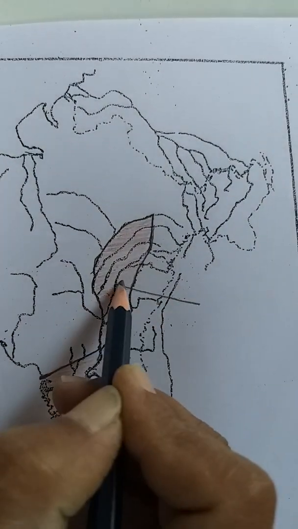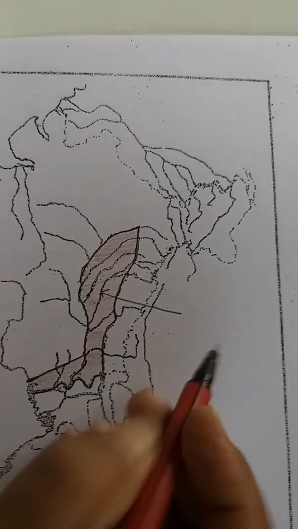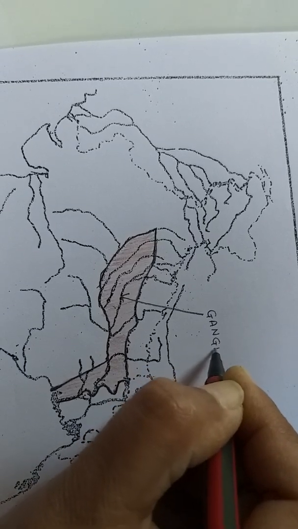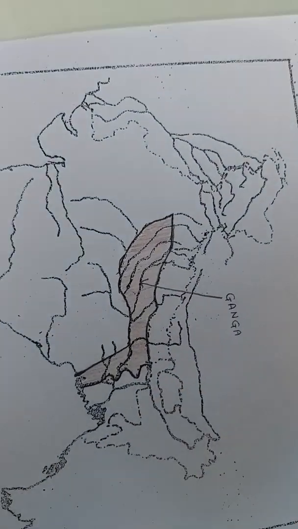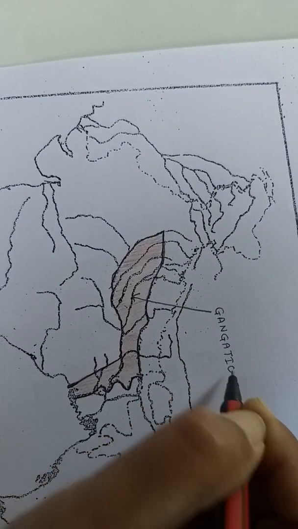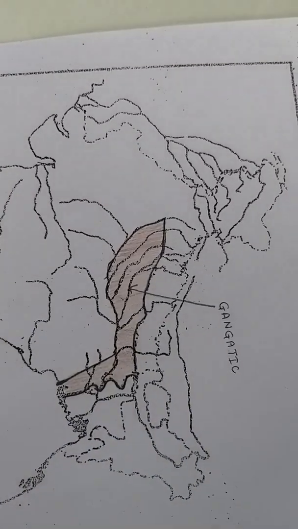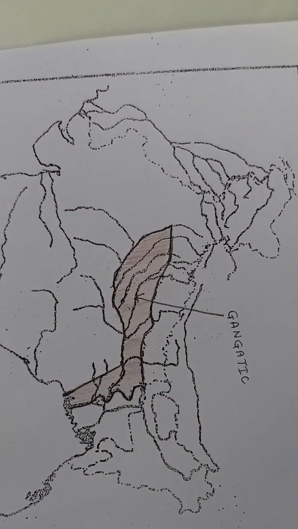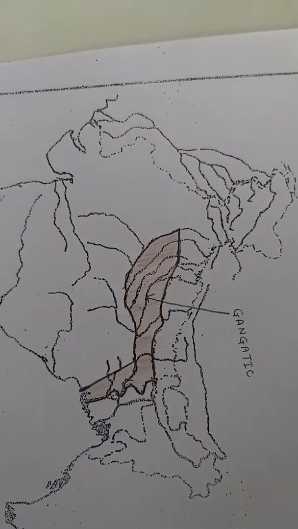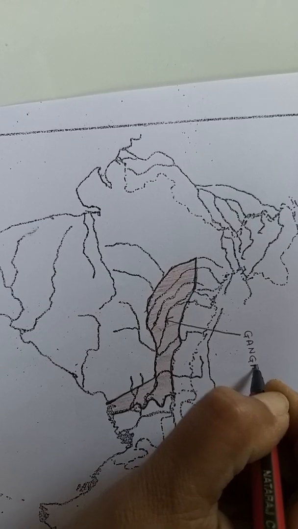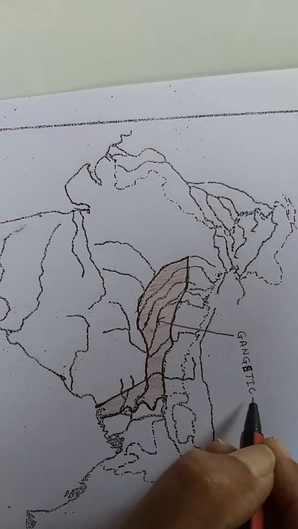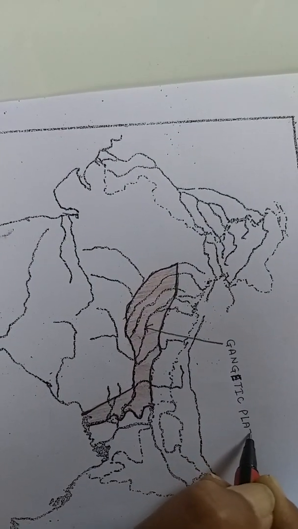Let us label to the north part. Spelling is Gangetic, Gangetic Plains.